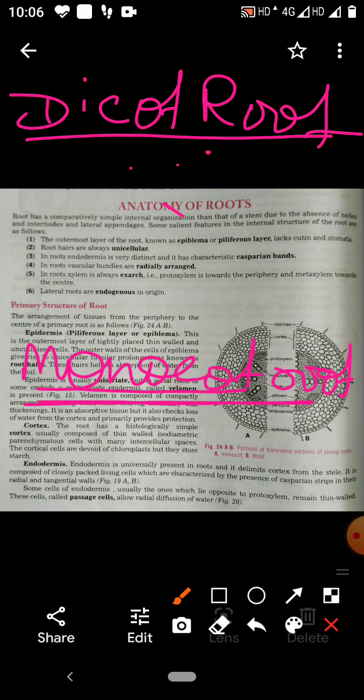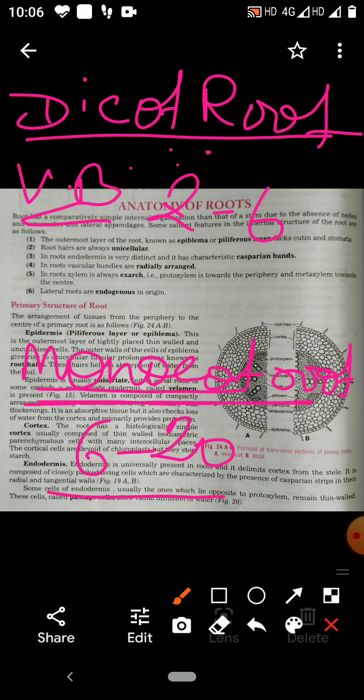Second is vascular bundle. In the dicot, number of bundles is 2 to 6, but in the monocot, number of bundles is 6 to 10, 20. Numerous bundles.